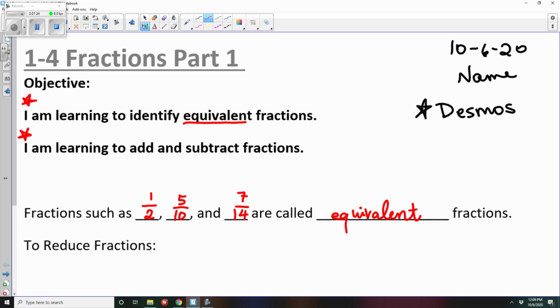So you all write out that sentence right there where we have the three fractions we're given, 1/2, 5/10, 7/14.